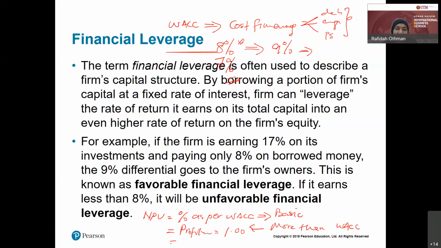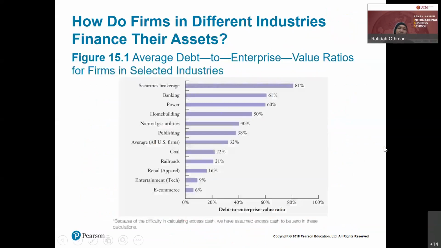If your internal rate of return is 9%, this is more than WACC. So this is the basis where we use WACC as the discount rate in project evaluation.